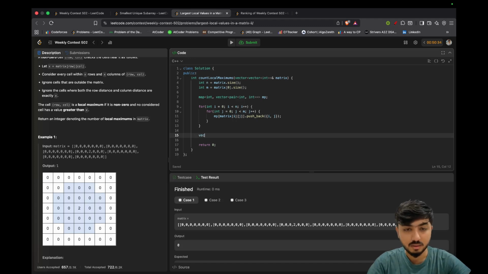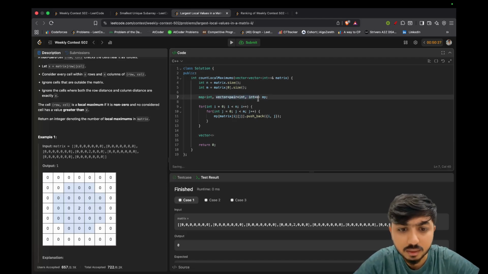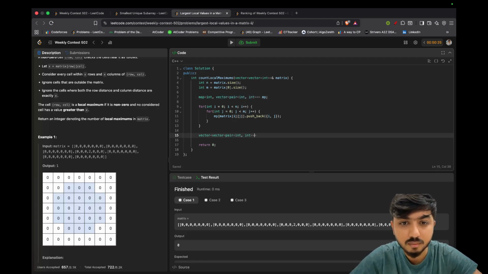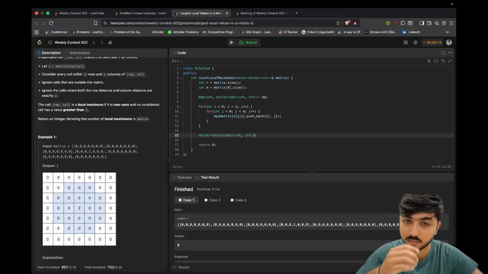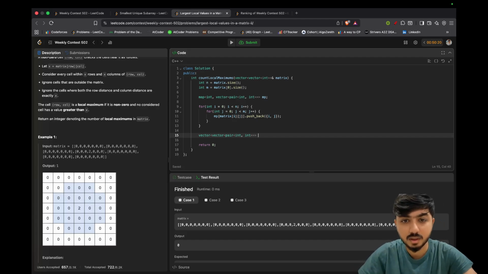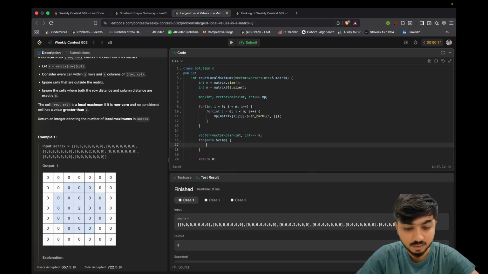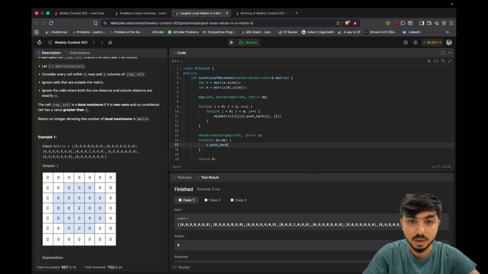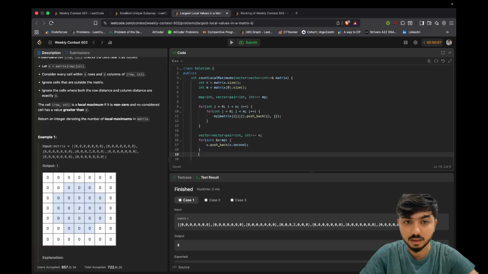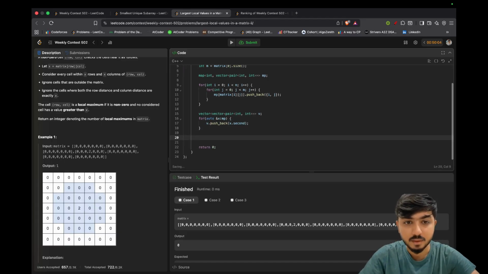Okay, so now we create a vector of this thing. Let's say for auto ampersand x of mp, v dot push back x dot second. Okay, now we want to do it like this.